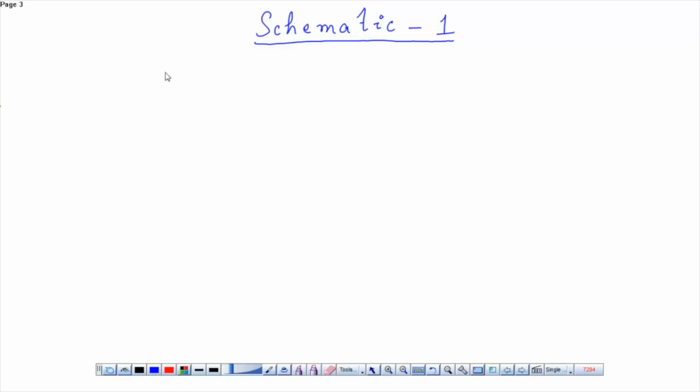Let me place the PMOS first. This is my VDD line. This is my first PMOS. This is another PMOS. And these two PMOS are in parallel. Next, the NMOS are in series.